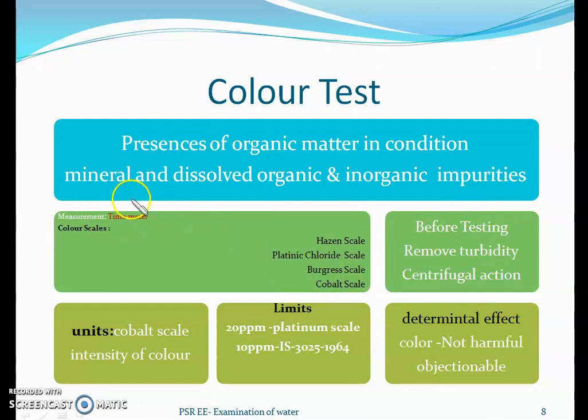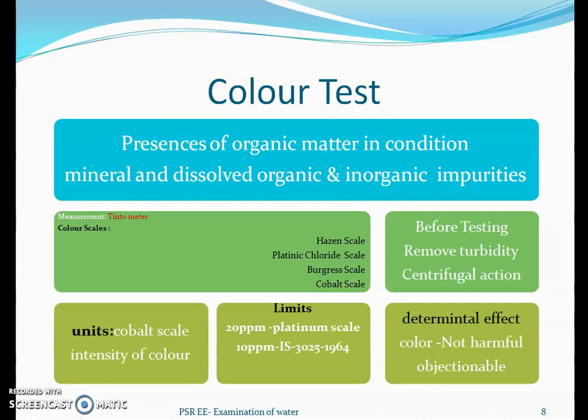It can be measured using color scales. The color scales are the Hazen scale, platinic chloride scale, Burgess scale and cobalt scale. Generally, these two scales are used in India: the platinic chloride scale and the cobalt scale.